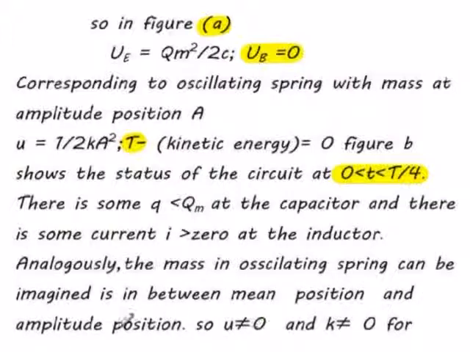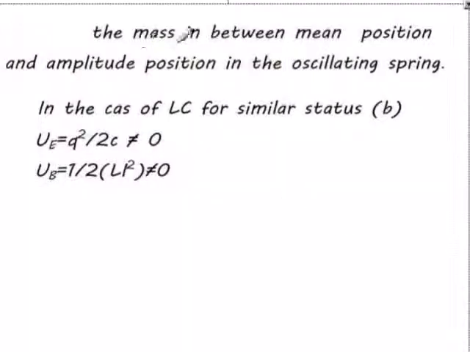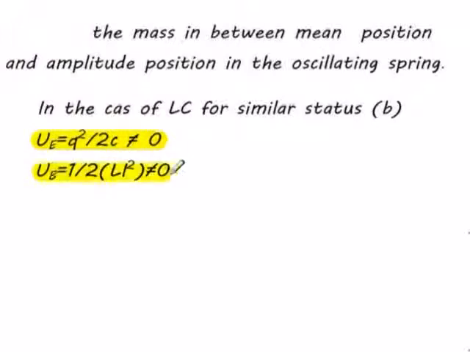Analogously, the mass in the oscillating spring can be imagined to be in between the mean position and the amplitude position. So, for the spring, potential energy U is not 0 and kinetic energy K is also not 0. In the case of LC, for similar status B, UE equal to Q square by 2C not equal to 0 and UB equal to half L i square also not equal to 0.